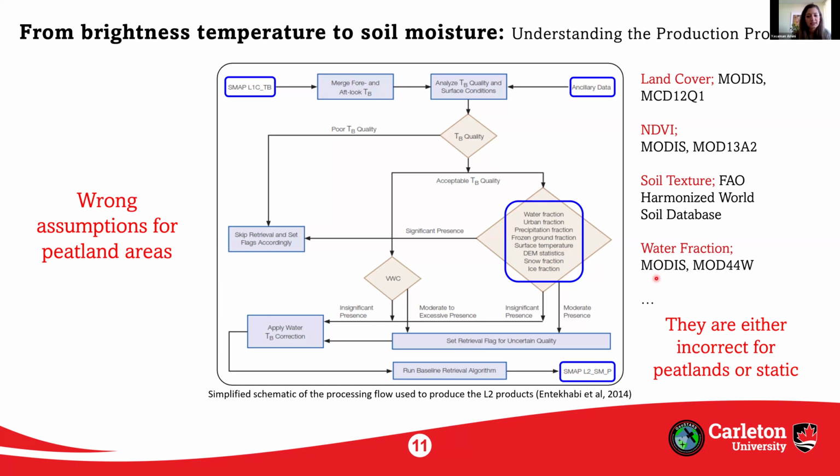The problem is that these inputs are either incorrect for peatlands or remain static over time, which doesn't capture real changes in wetland conditions. For example, many small water bodies in wetland regions appear just after snowmelt and disappear as it gets warmer. If we rely on static data, these temporary water bodies are not accounted for and cause errors in soil moisture estimation.